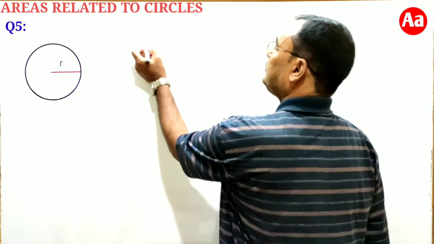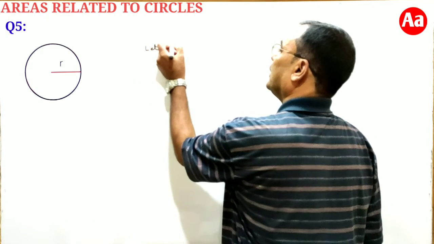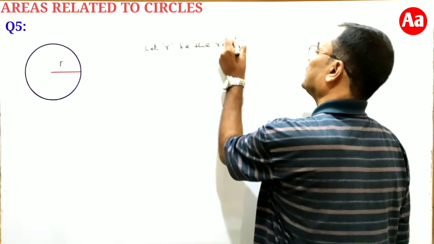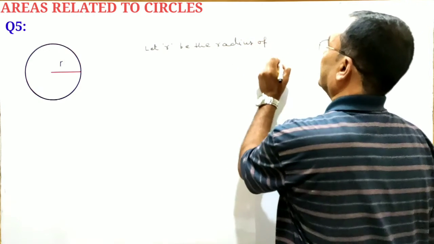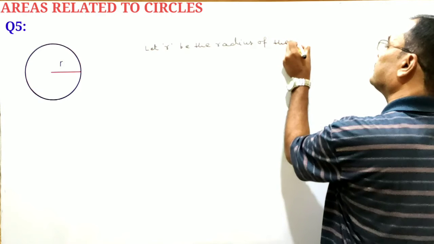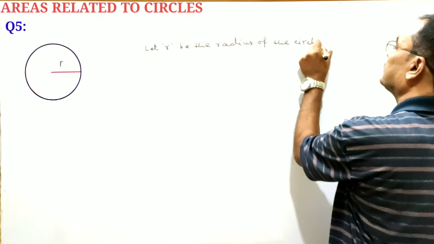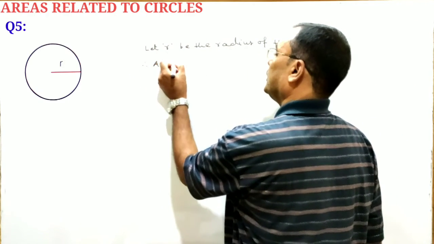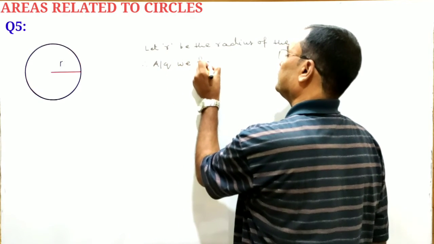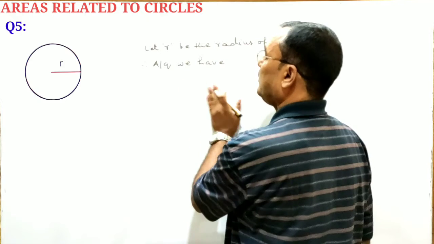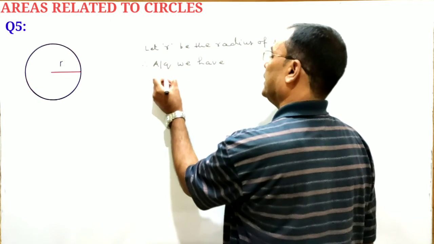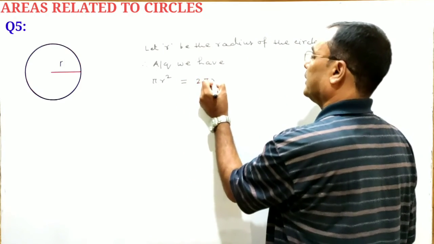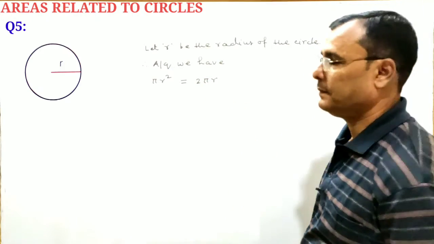So let r be the radius of the circle. Therefore, according to question, we have pi r square, area of the circle, is equal to 2 pi r, circumference of the circle.